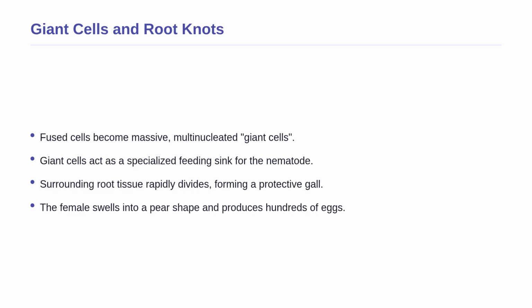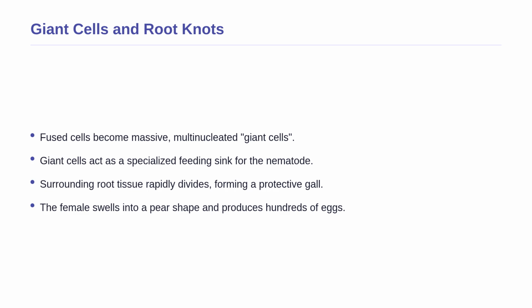These fused cells become what we call giant cells. They are massive, multinucleated structures that act as a specialized feeding sink, constantly drawing nutrients away from the plant and delivering them straight to the nematode.